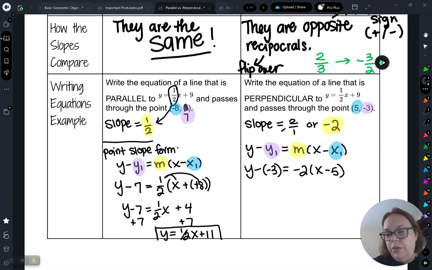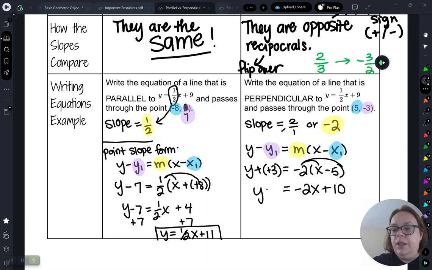And then I'm going to distribute and then get it into slope-intercept form. So I'll start by distributing. That's -2 times x, just -2x, and -2 times -5. A negative times a negative is a positive, so it'll be +10. On the other side, these two negatives are going to turn into a plus.